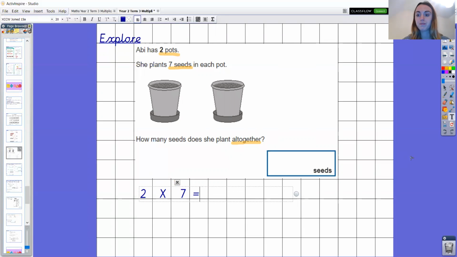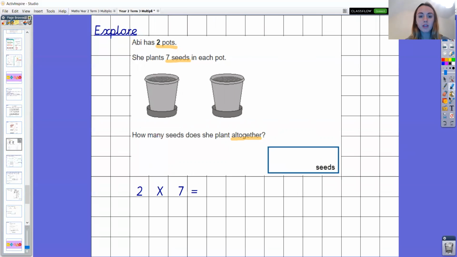the equal symbol. Okay, so having a think about our array, we need to show 2 rows of 7 because we have 2 pots of 7. Okay, so count with me as we draw the array. 1, 2, 3, 4, 5, 6, 7.